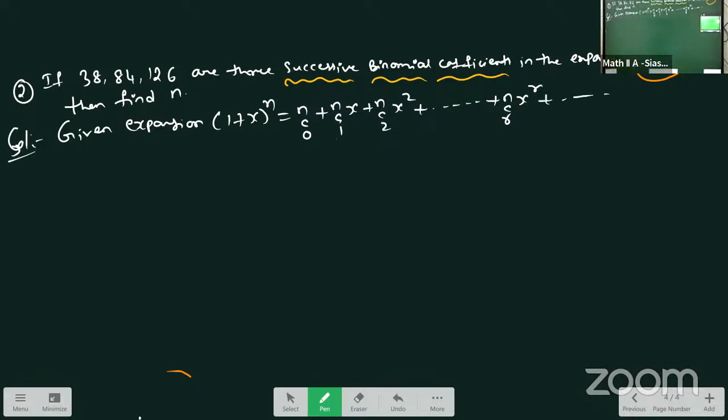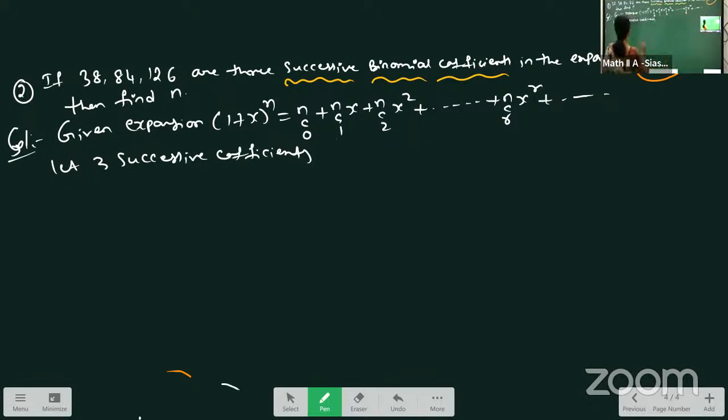So like how the question expansion will be. Now, take general successive terms. Let three successive coefficients, general coefficients we have to take. Here x coefficient means NC1, x square coefficient means NC2, so x power r coefficient means NCr.